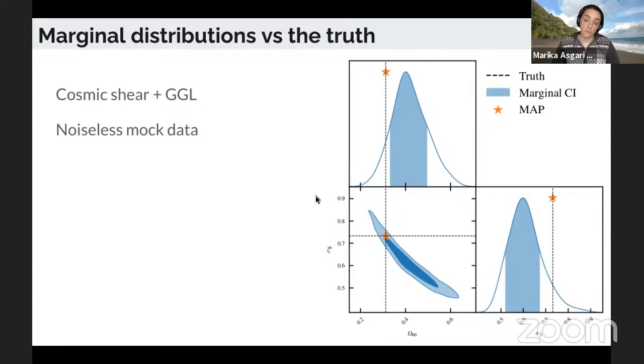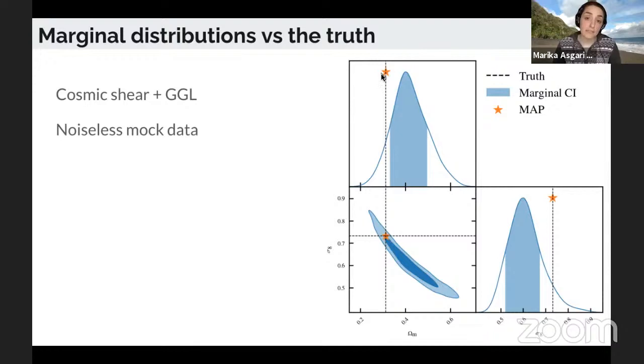We have informative priors on some of the parameters. We have hard edges. This can impact the marginal distributions in a non-trivial way. And in this case, which is a combination of cosmic shear and galaxy-galaxy lensing, we get a very strong effect, basically.